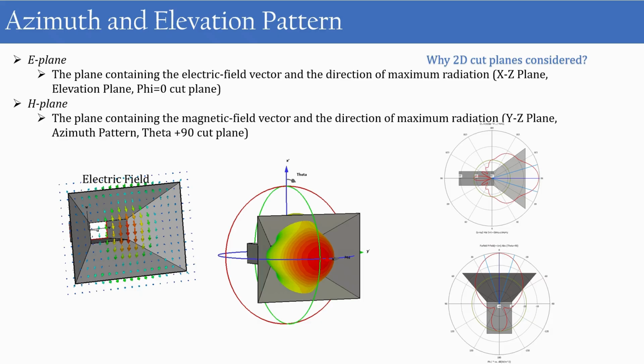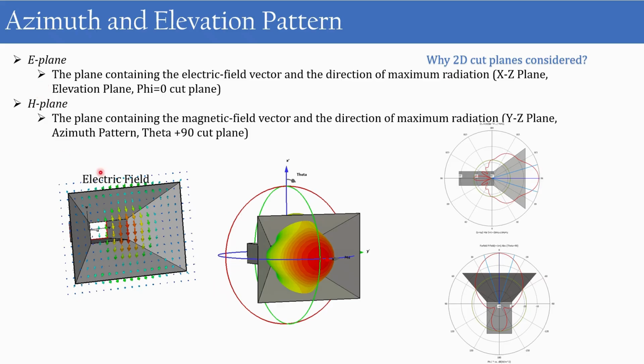If we have to do the radiation pattern measurements in 3D, that is in the whole range, it will be a very tiresome job and may take a lot of time. So in that case, it was defined that it is possible to do the measurements in some cut planes, and we can have the analysis based on that. That's why these 2D cut planes evolved and were defined at that time.